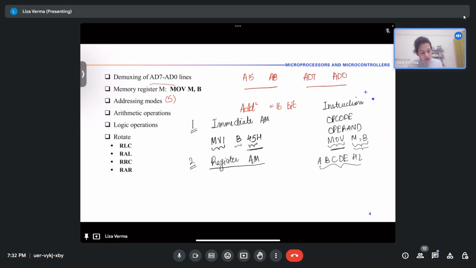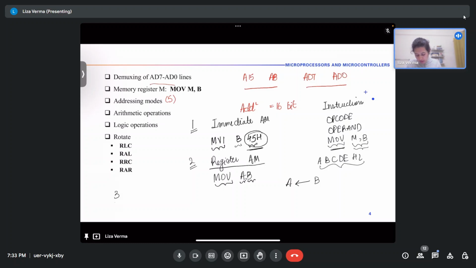For example, if I write MOV A, B, this instruction tells the microprocessor to move the contents of the B register to A. So A will get the contents of B. You are not using a number directly; you are referencing a register that contains the number on which you want the operation done. Easy.